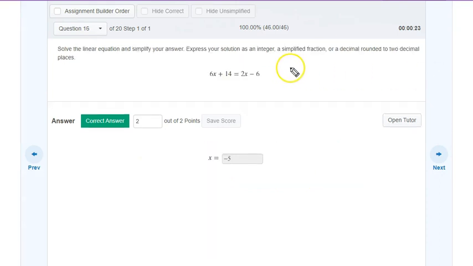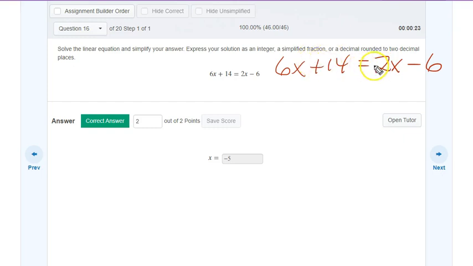Here's another equation, 6x plus 14 equals 2x minus 6. Well, we've introduced now this concept of transposition, where we can take a term from one side, bring it over to the other. It just changes its sign.